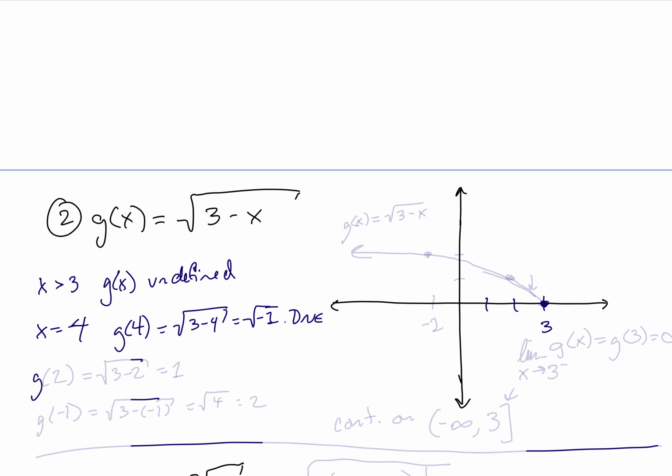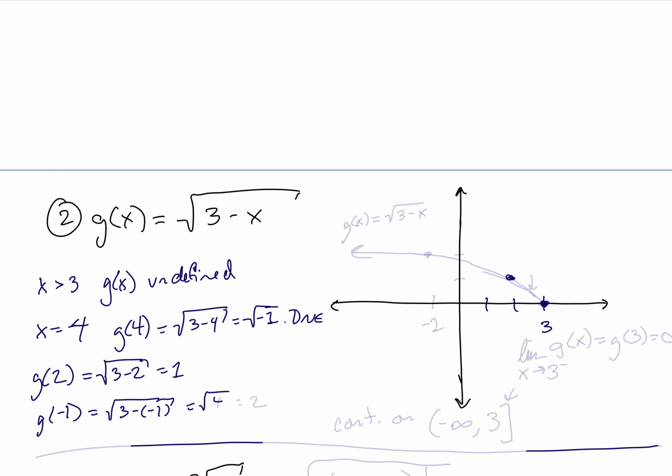What about, for example, g of 2? G of 2 is the square root of 3 minus 2. That's 1. And so g of 2 would have an output of 1. And I think we can kind of see where this is going. So, for example, g of negative 1 would be the square root of 3 minus a negative 1.